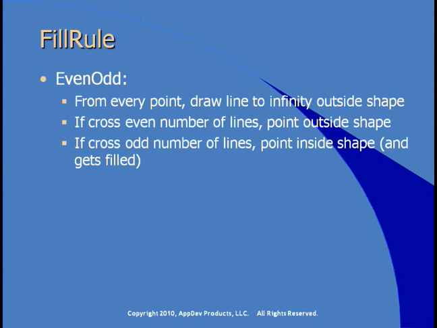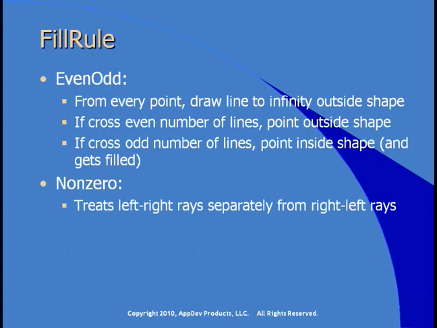The non-zero fill rule value treats left-right rays separately from right-left rays. Imagine you're drawing that star you just saw. Every ray is either going from left to right or right to left. What it does with vertical rays, I have no idea.